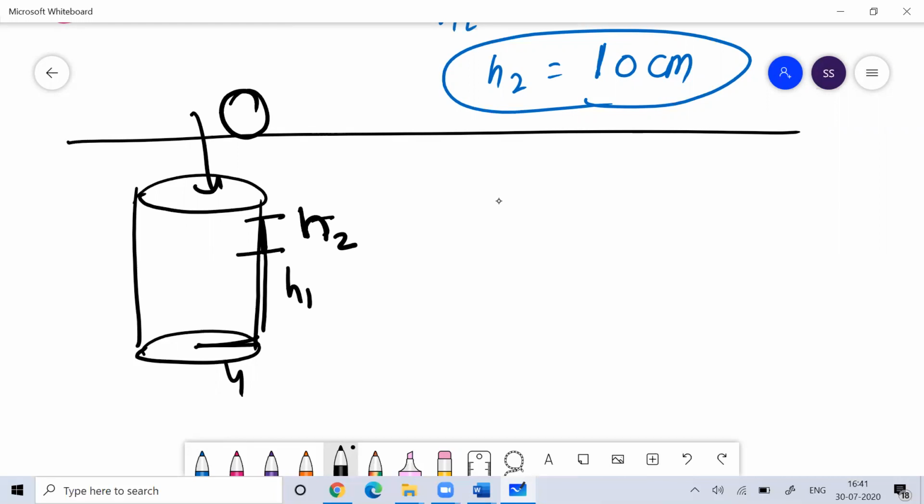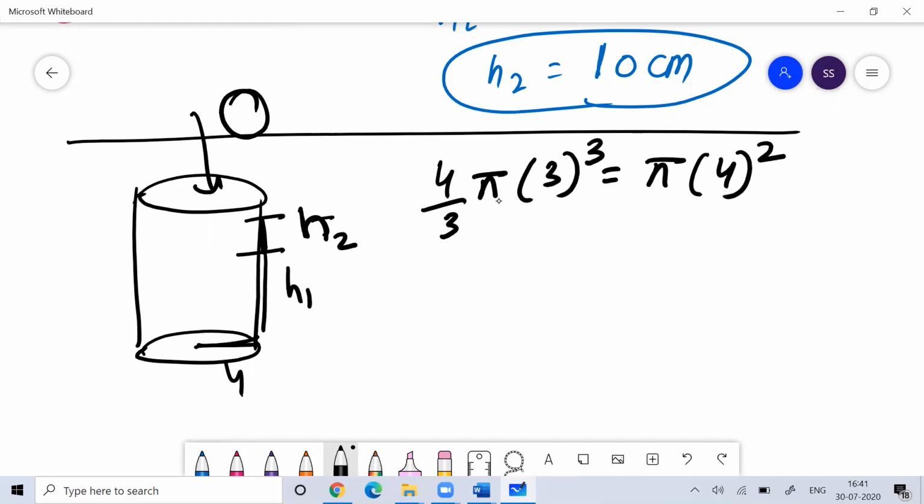So here 4 by 3 pi, the sphere radius is 3 cube, that is equal to pi r, that is 4 square into h. Whenever you do this kind of problem, that increase in height, h2, is because of the volume you have put there.